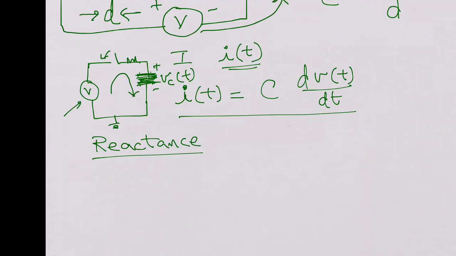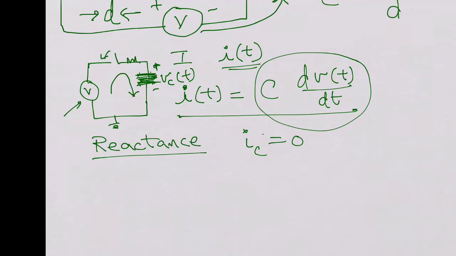And like we said, the reactance of a capacitor depends on the frequency or the voltage change with respect to time across the capacitor. So for a DC voltage, ideally once the plates are charged, there is no change in the voltage across the capacitor.